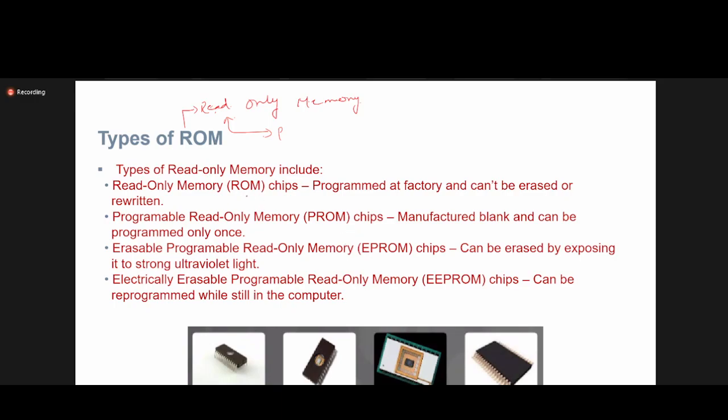Others are the older types of ROM. We don't have them anymore in our newer systems. We have a kind of electrically erasable programmable read-only memory, or EEPROM. Another type is PROM, which is manufactured blank and can be programmed only once.